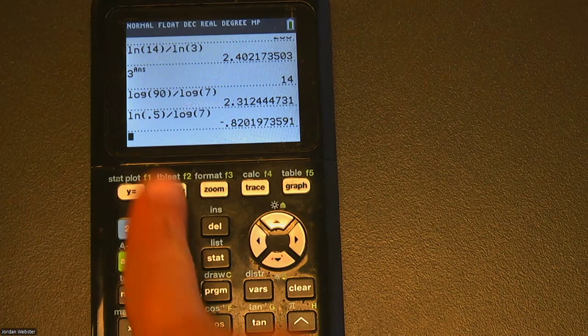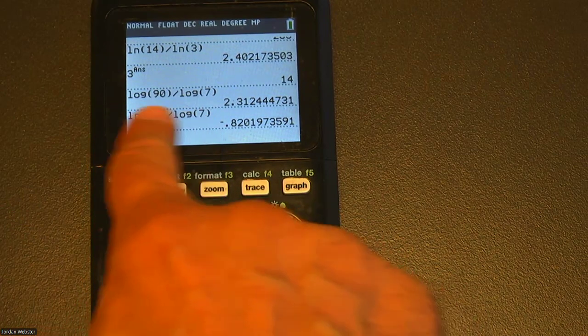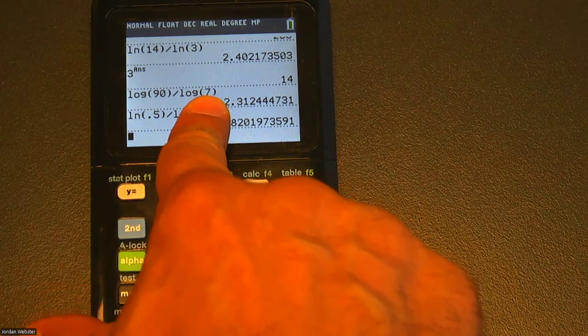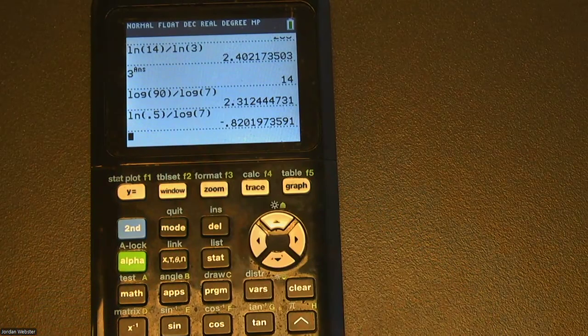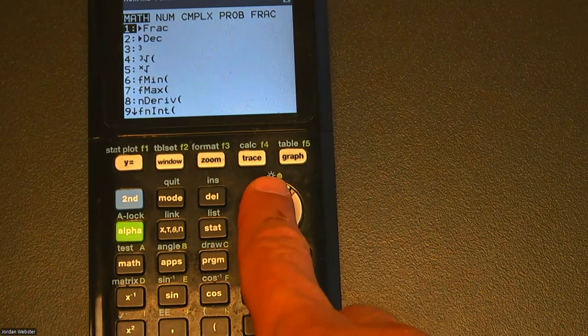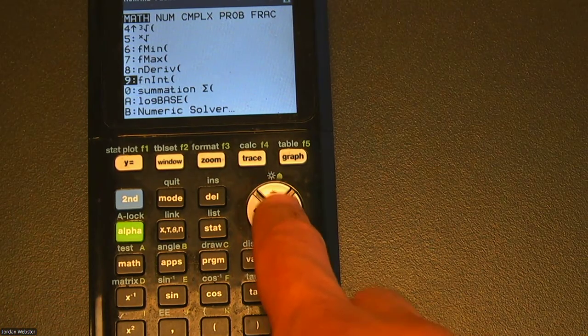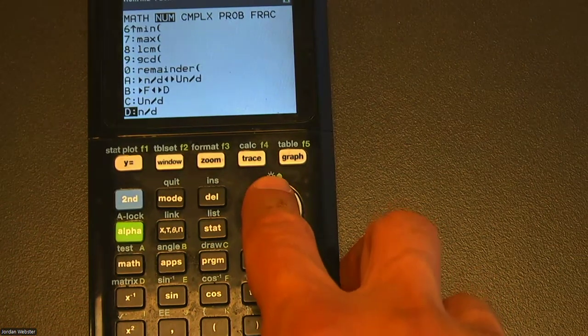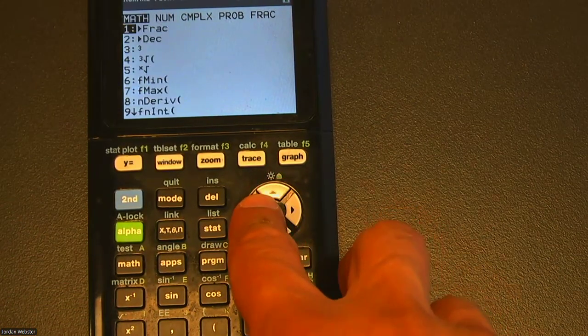Like the last two examples, I did log 90 over log 7. That was log base 7 of 90. If you go into the math menu, it's in the first one.